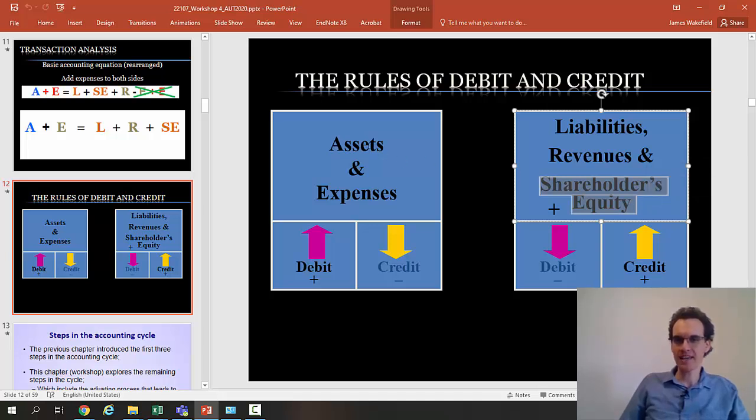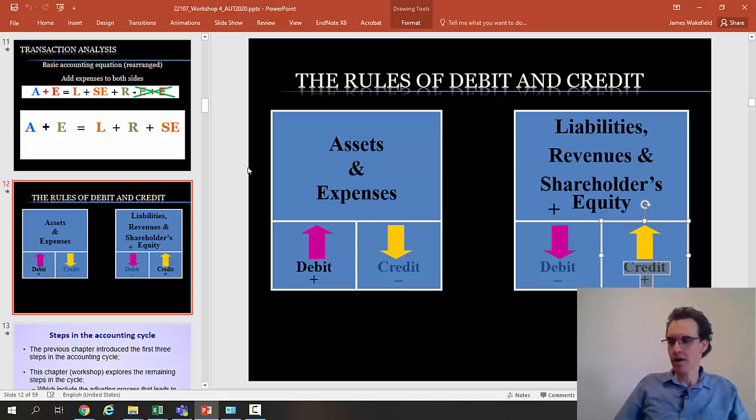I'll repeat that again: the assets and expenses need to be funded by something, so they equal the value of the liabilities, revenues, and shareholders' equity. This is an easy way to remember the structure of the accounting equation. Also remember that debits increase assets and expenses, and credits increase liabilities, revenues, and shareholders' equity.